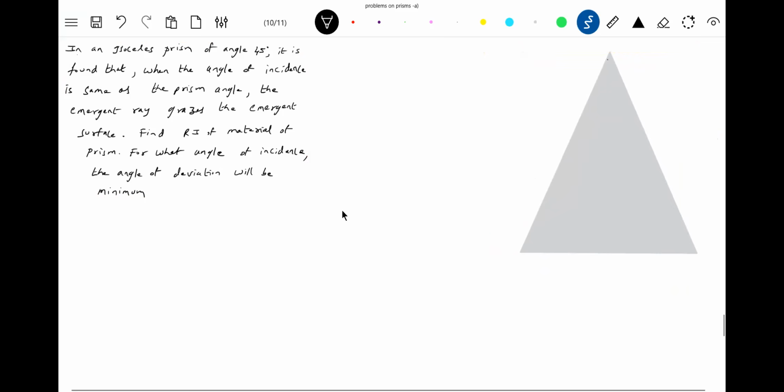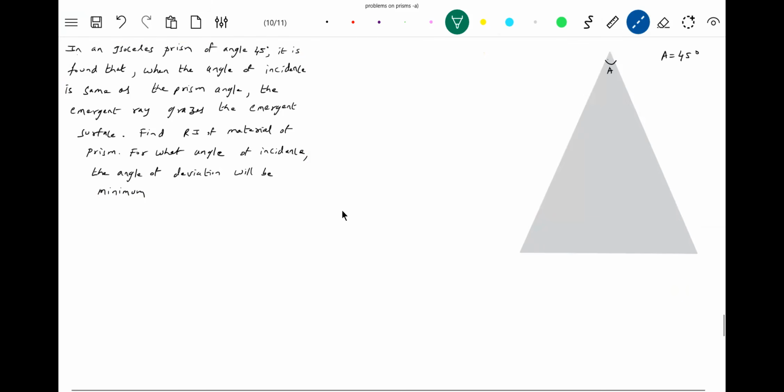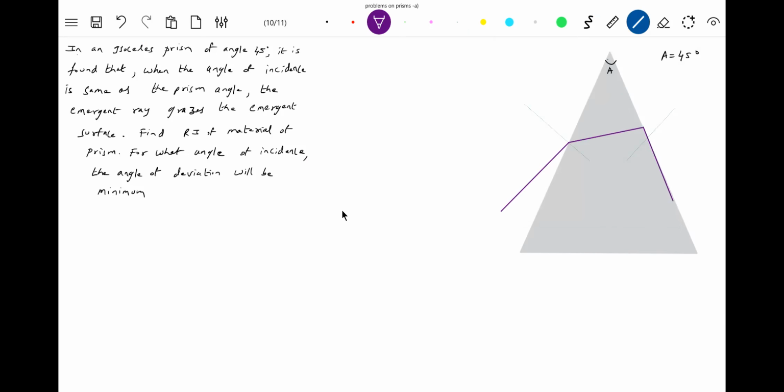Isosceles. Angle of prism, this angle. When the angle of incidence is the same as the angle of prism, it grazes, it's telling.